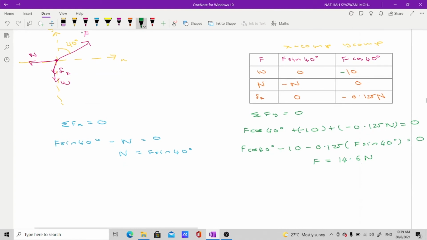Next, what we can do is we can substitute F with this value, so we can obtain our N. So therefore, N equals to 14.6 sine 40 degree. Okay, so for this one, you will get your answer for N is 9.39 Newton.